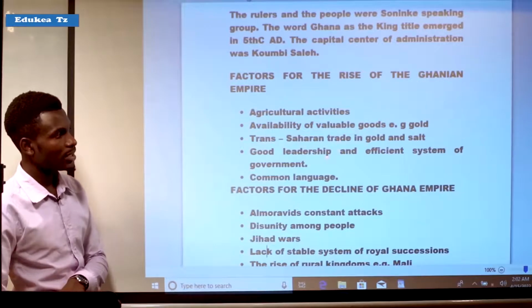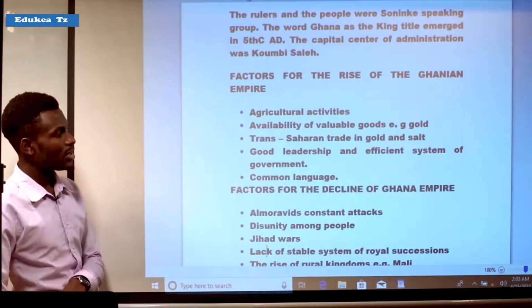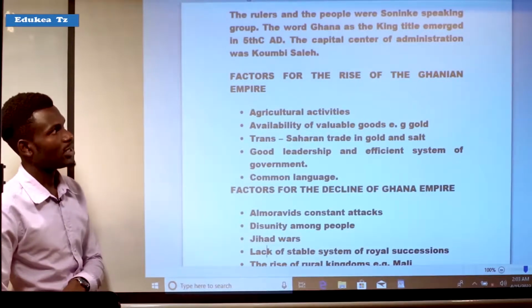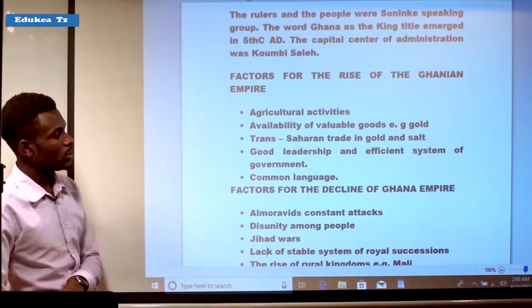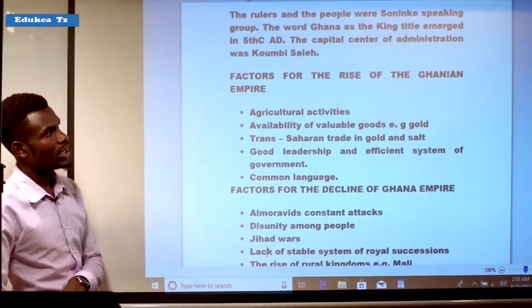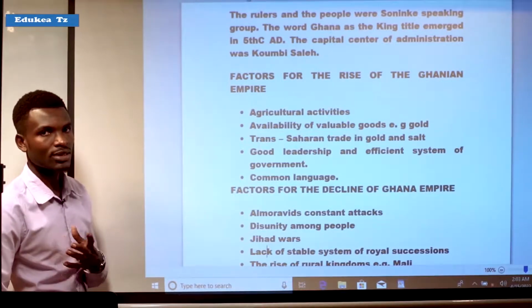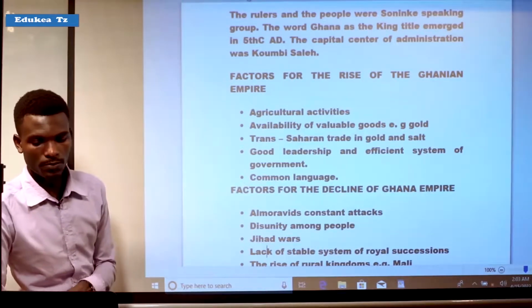Also, trans-Saharan trade in gold and salt. Another was good leadership and an efficient system of government. But also there was a common language, as they used the Soninke language in speaking, so it was easy to unite the people of Ghana and form the kingdom.